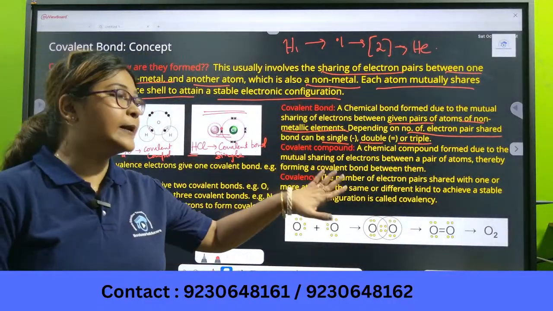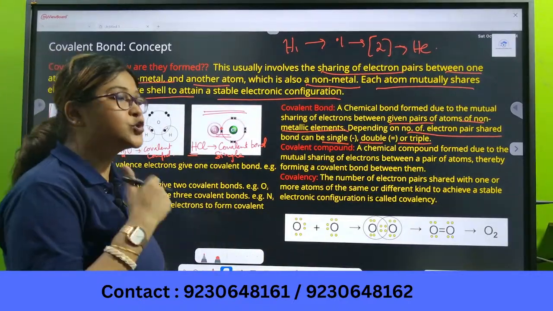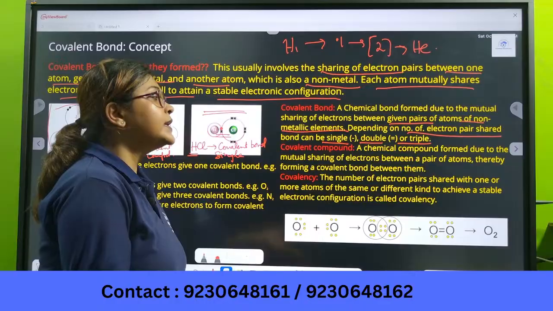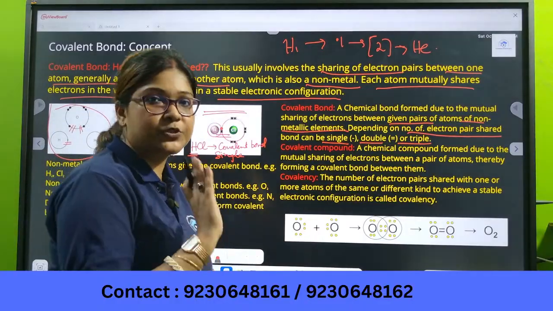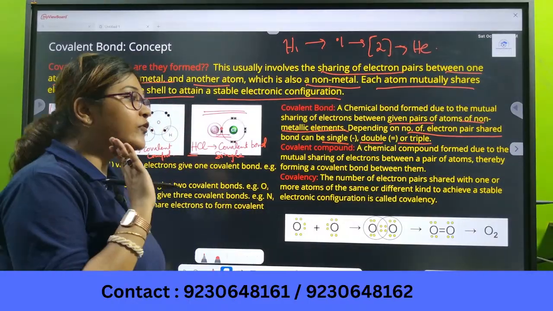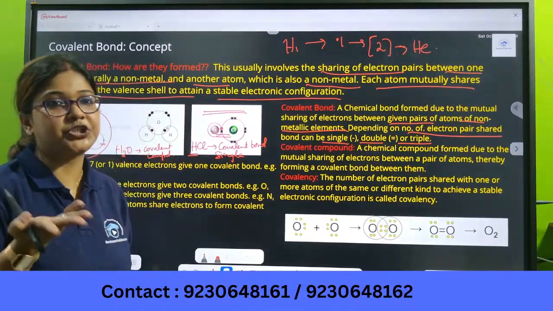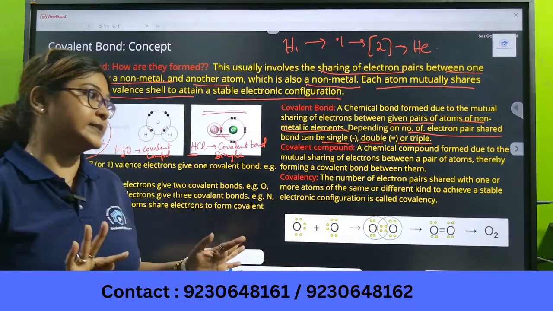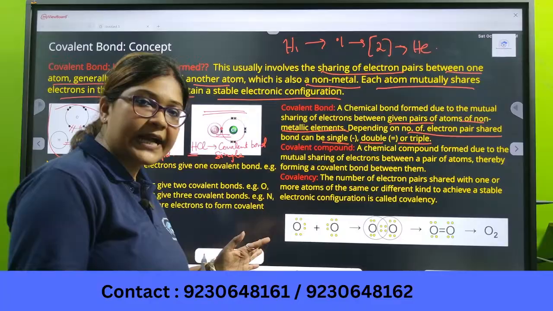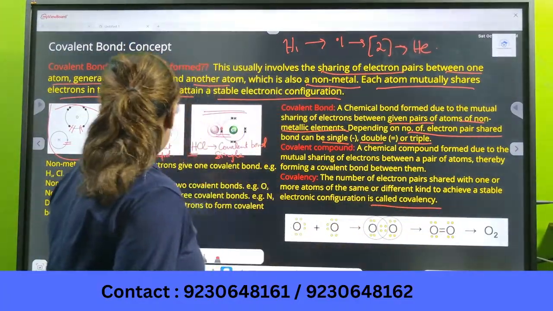And the covalent compounds are the chemical compounds that are formed due to the mutual sharing of electrons that form a covalent bond between them. They are known as covalent compounds. And covalency is the number of electron pairs that are shared with 1 or more atoms of the same or different kind to achieve a stable configuration.